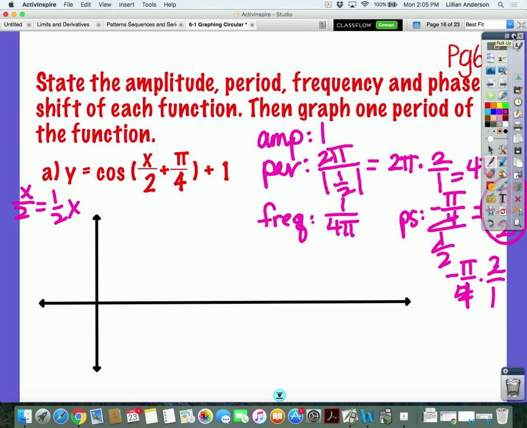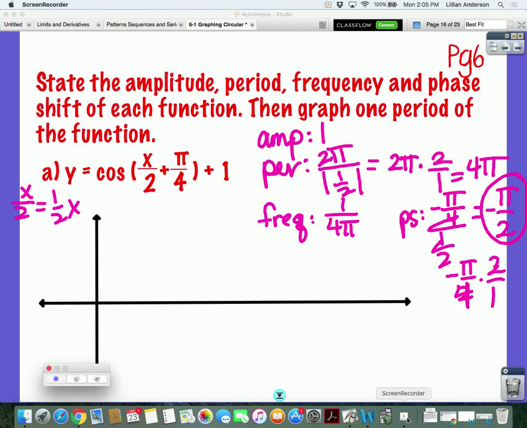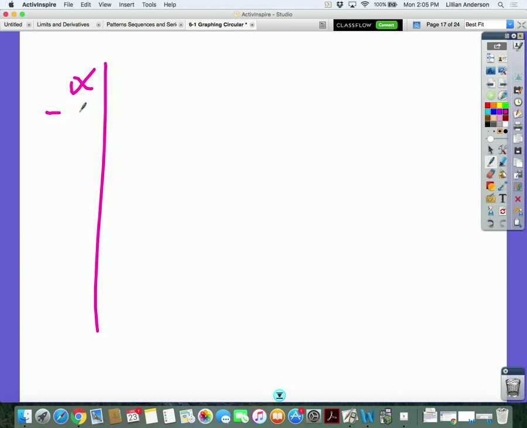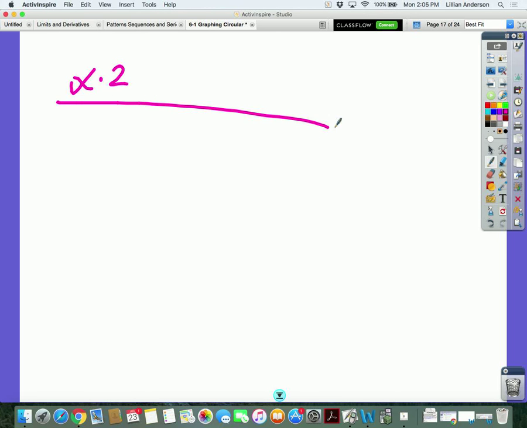I'm going to a new page because I do not have the space to do a table and the graph. So, what's happening to my x's? I have to do x times 1 over b, so I'm going to multiply it by 2. And then I'm going to add or subtract my phase shift.